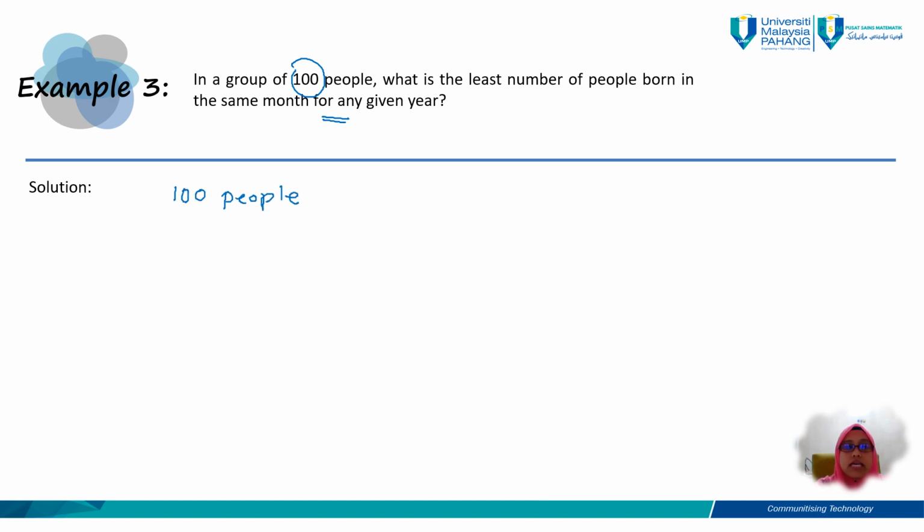And in 1 year, we have 12 months, starting from January until December. So let's identify what our objects are and what the boxes are. From this example, 100 people will be our objects, so this will be our n. And 1 year equals 12 months, these will be our boxes, so this will be k.